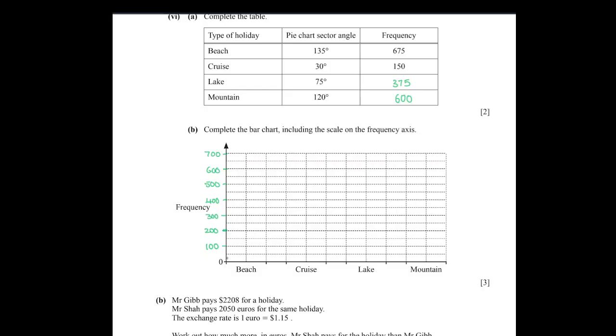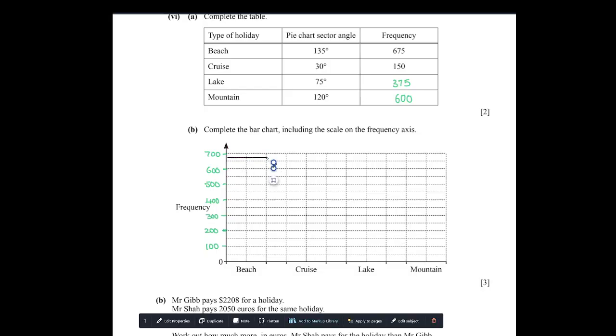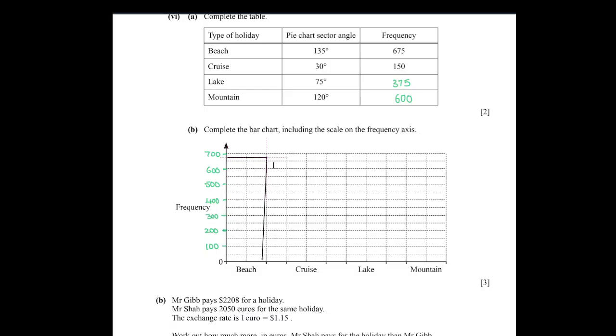Each two levels, like two boxes, are taken for 100. Now beach, we need to draw the bar for beach, which is 675. So 675 will be after 650 here, and draw the bar in such a way like this.